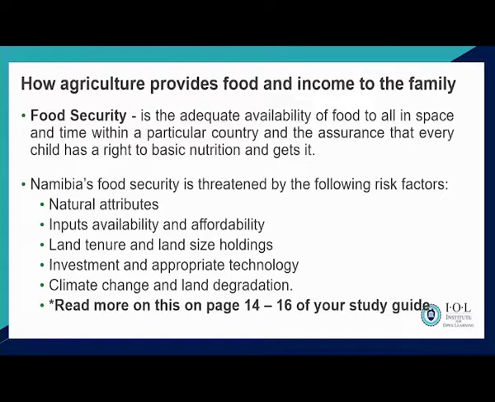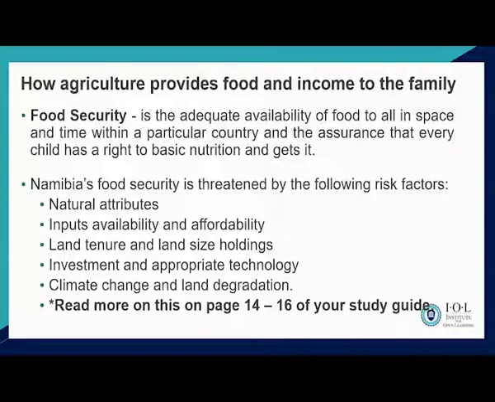Okay, so we cannot talk about agriculture and food production without addressing the issue of food security and what it is. Basically, food security is the adequate availability of food to all individuals in space and time within a particular country, and the assurance that every child has a right to basic nutrition and gets that nutrition.